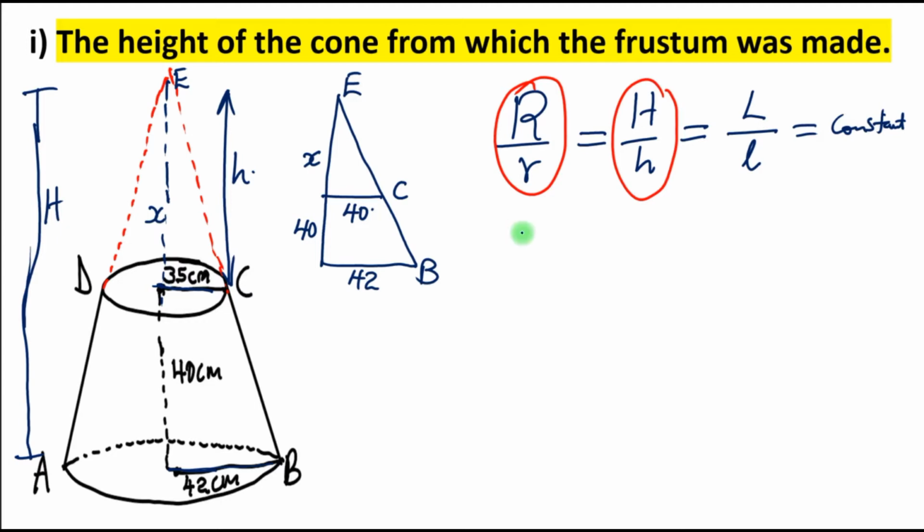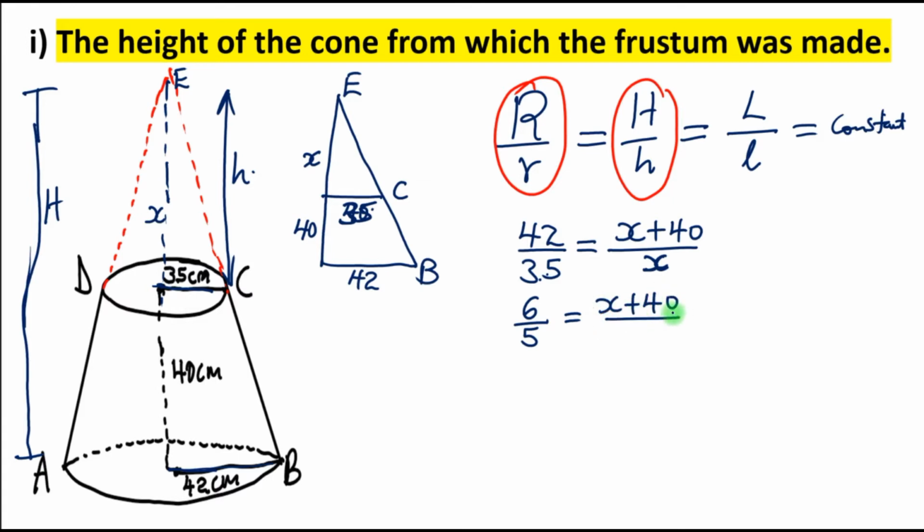So the ratio 42 to 35 will be equal to capital H, that is x plus 40, all over small h, that is x. 42 divided by 7 is 6, and 35 divided by 7 is 5, equals x plus 40 over x.